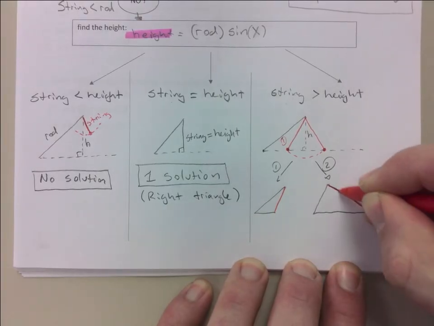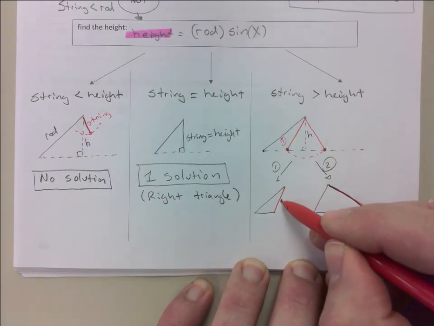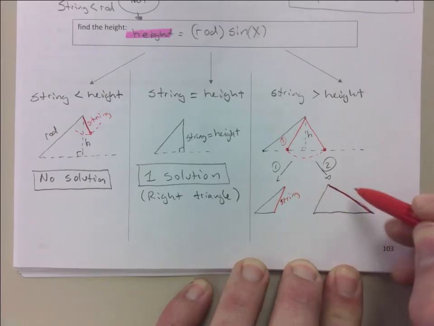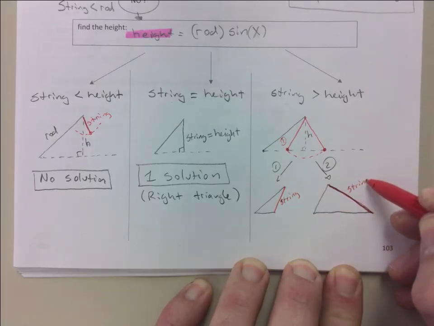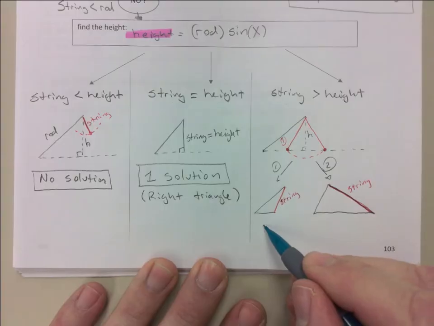If you have a color, try to just tell yourself this is the string. If you don't have a color, just write down string is out there. So the string is our main character here. It's always string compared to the other. That's what we're always doing here. So hold on, we haven't answered this. There's two solutions.